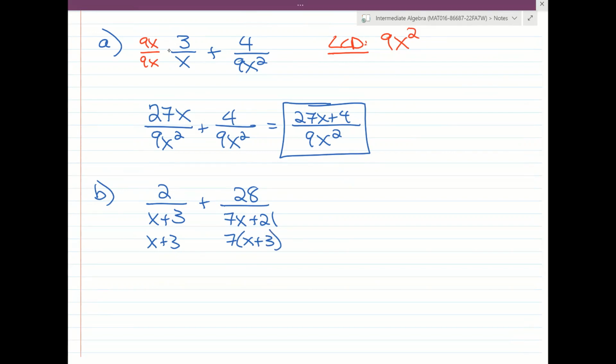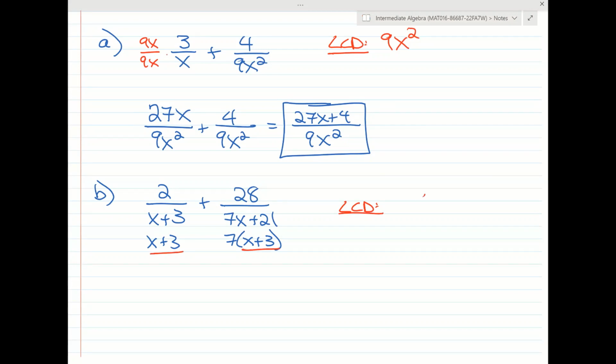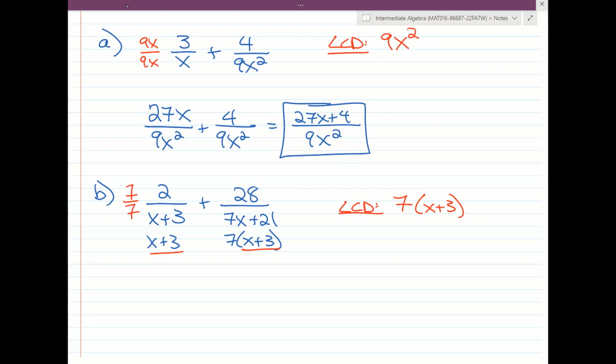And we can see that the LCD, we definitely need an x plus 3. And we definitely need a 7. And we'll multiply by whatever's missing. So we'll multiply this by 7 over 7. And let's see what we get.